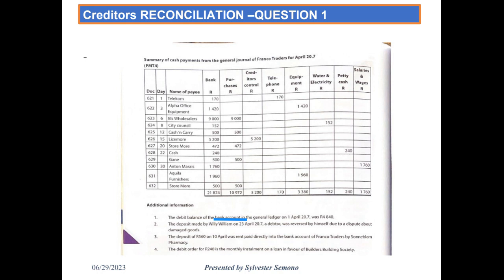So let's check the first check number that you see on the cash payments. Check number 621. Is it there under details?